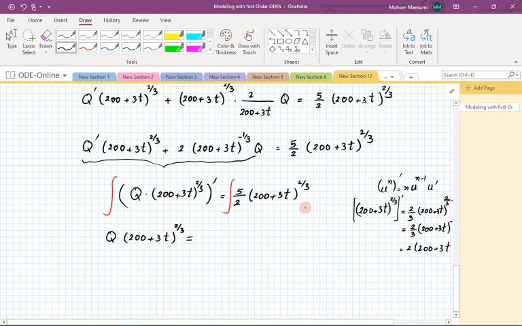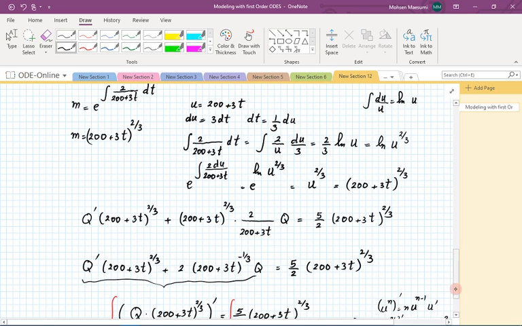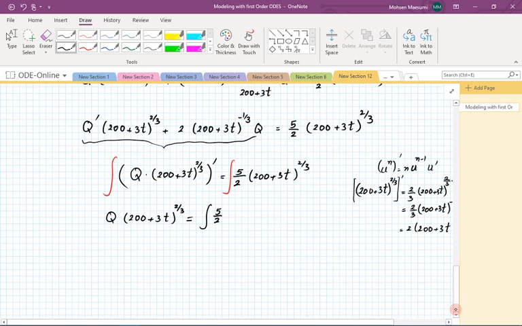Integral of this, again, I have to apply a substitution to do this carefully. So I write this as 5/2. The substitution that we had is applicable here as well. You don't need a second one. Maybe I write it again so that we see it at the same time. So again, I'll have u as 200 plus 3t. du was 3 dt, and therefore dt is 1/3 of du.